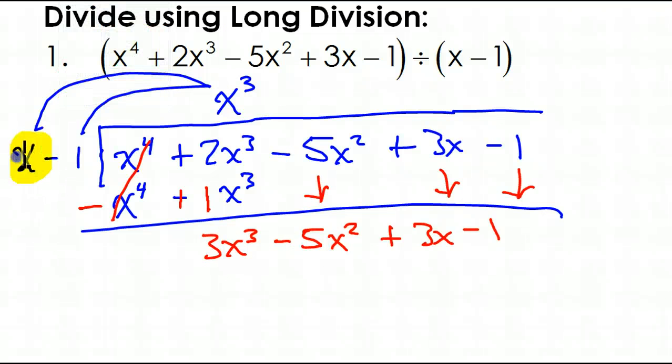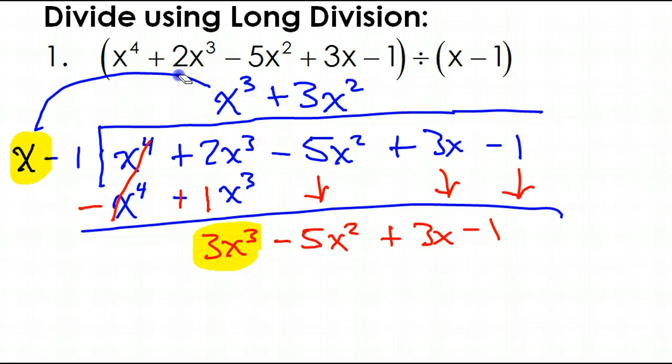So again we're looking at the x, but now we're looking at the 3x to the 3rd power. And ask yourself, x times what makes 3x to the 3rd power? Well, that would have to be 3x squared. X times 3x squared will make 3x to the 3rd power.